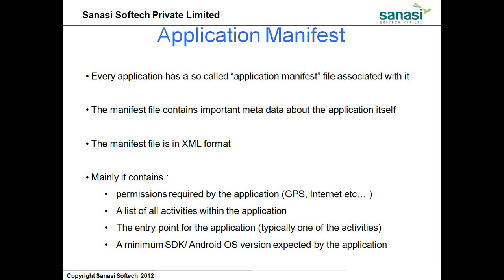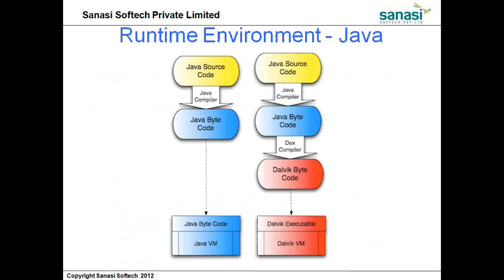A quick look at what happens in the background when you build and deploy Java applications on an Android phone. The typical flow goes this way. You have the Java source code, which is passed through the Java compiler. It generates the bytecode, and then the bytecode executes on the Java virtual machine. But in the case of Android, there is a custom Java virtual machine implementation called the Dalvik virtual machine.